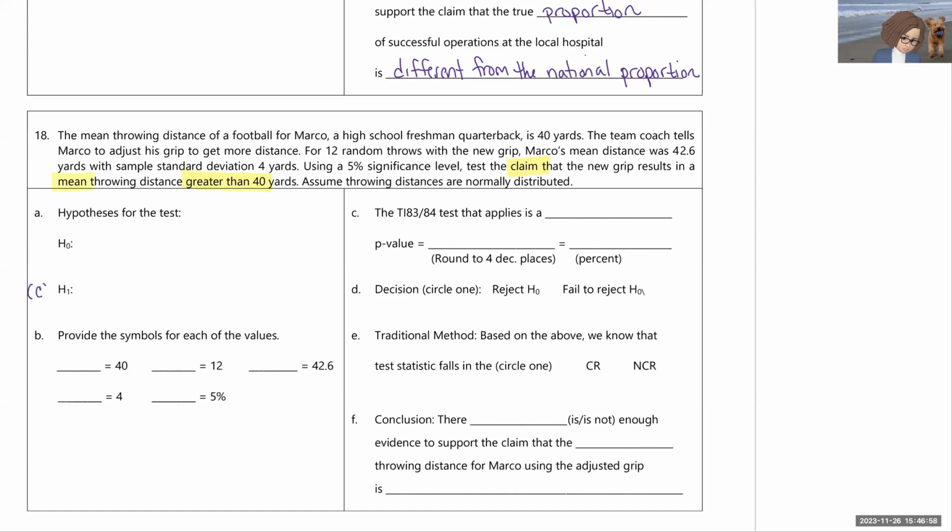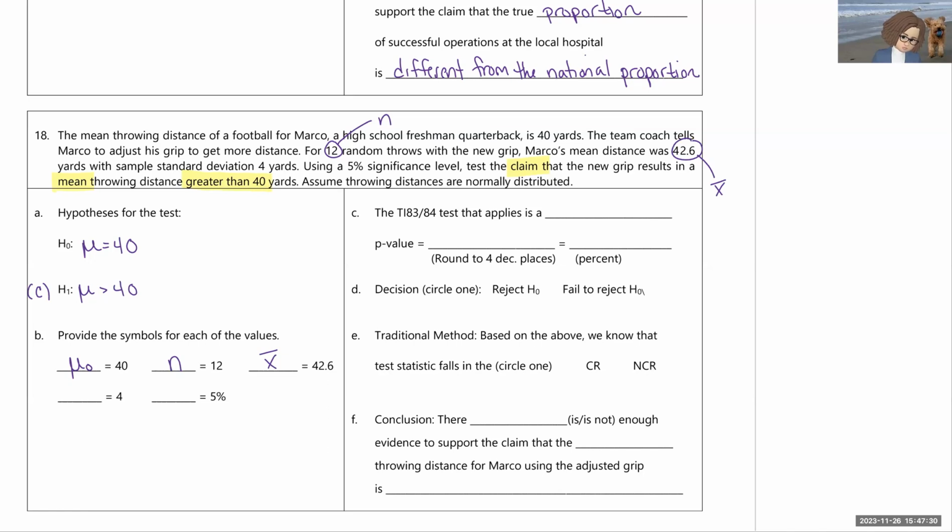So our claim is that the mean throwing distance is greater than 40. So we have our null hypothesis with equal. So mu naught is the 40, and then n was 12 throws. And for the 12 throws, the mean, so the x bar, the mean for those 12 was 42.6.